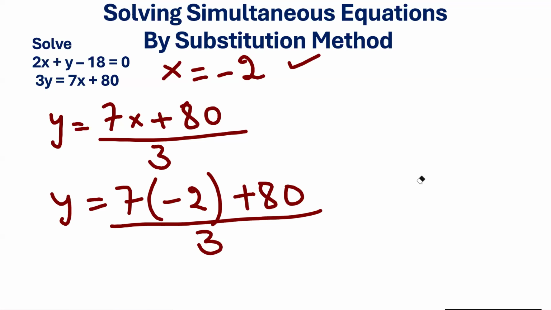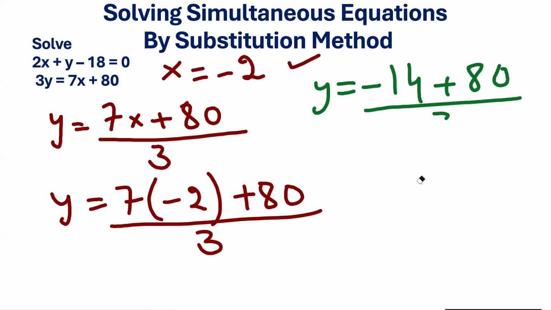What is the next step? Y is equal to minus 14. 7 multiplied by minus 2 will give you minus 14, plus 80, divided by 3. Now you have to solve minus 14 plus 80, which will give you 66 divided by 3.